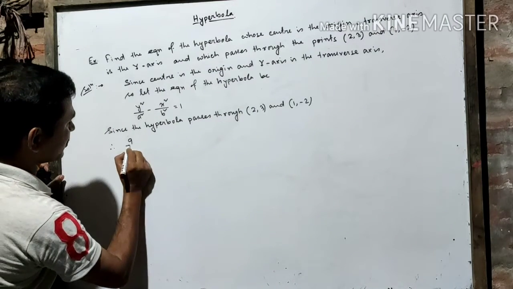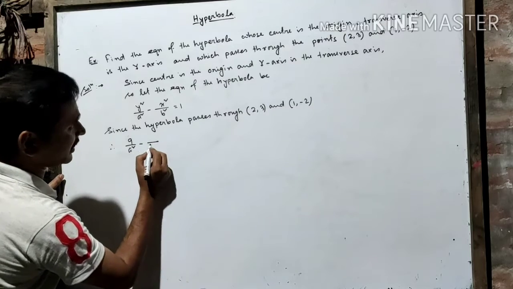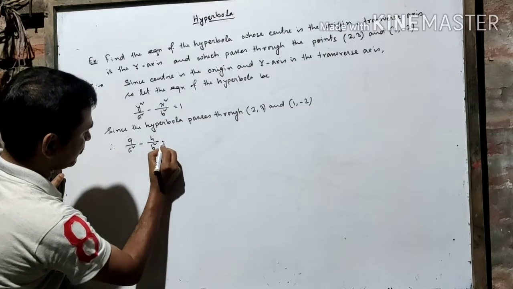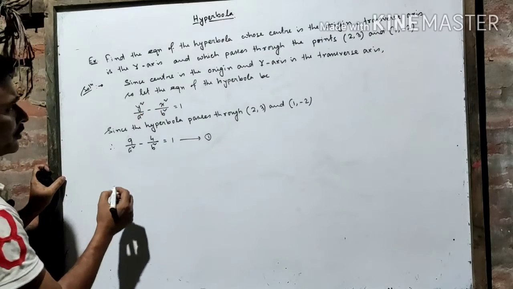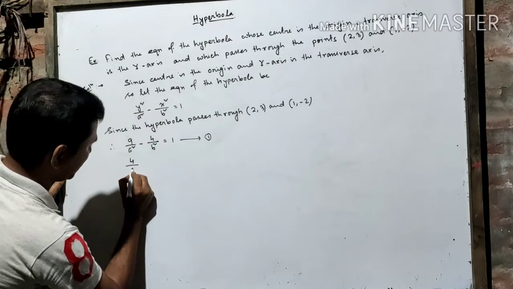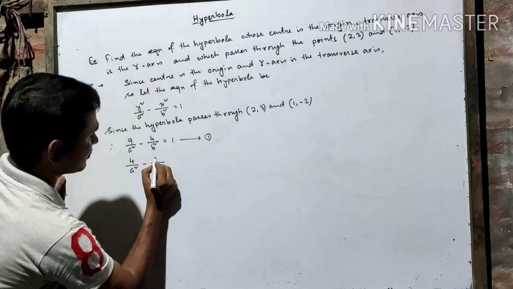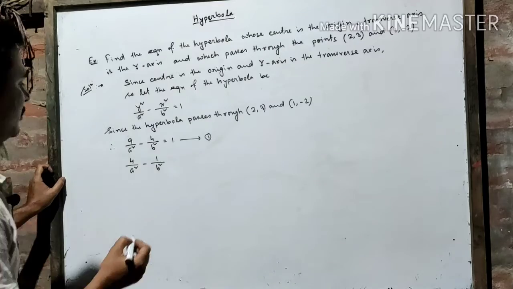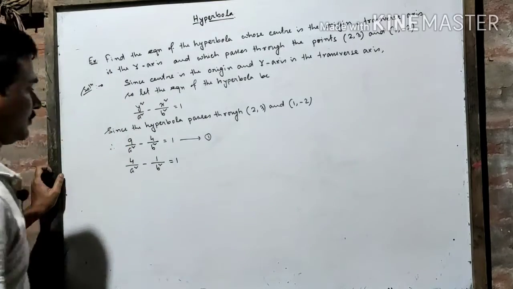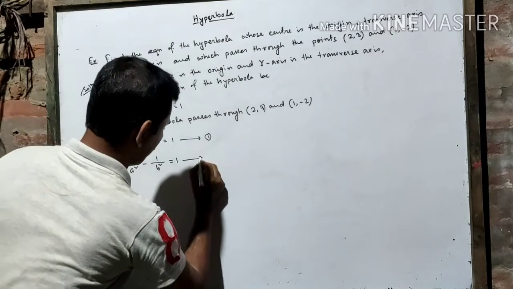So from the first point, 9 by a square minus 4 by b square is equal to 1. This is equation number 1. And from the second point, 4 by a square minus 1 by b square is equal to 1. This is the second equation.